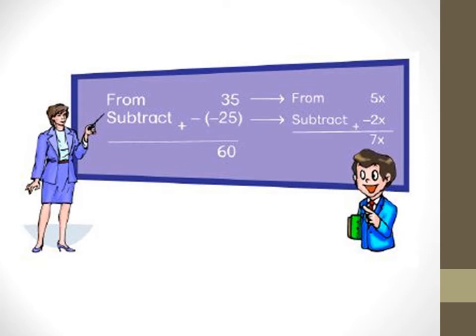So here 5x minus 2x. So we have to subtract minus 2x from 5x. So minus minus 2x gives us plus 2x. So 5x plus 2x gives us 7x.